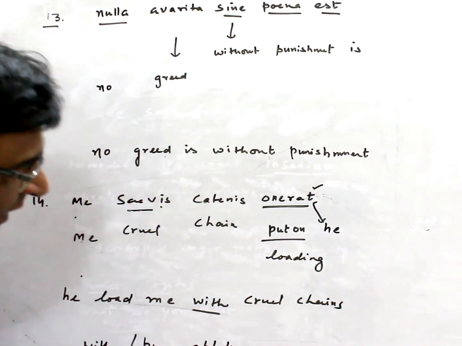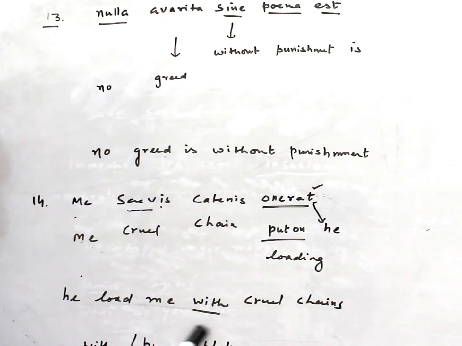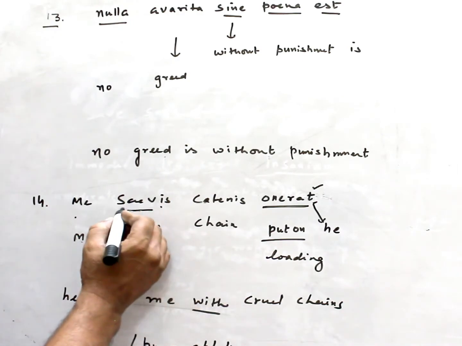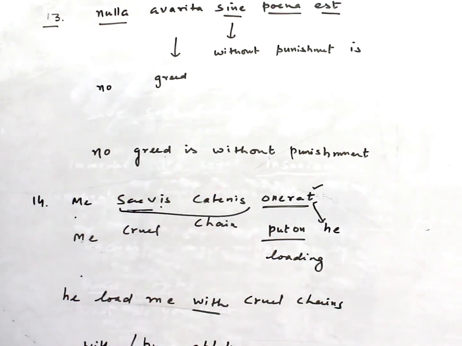Ablative in the declension, you can say in the ablative we can add with or by. No need for any specific word in the sentence for by or with. But if the words are in the ablative of the declension, then with or by can be added.